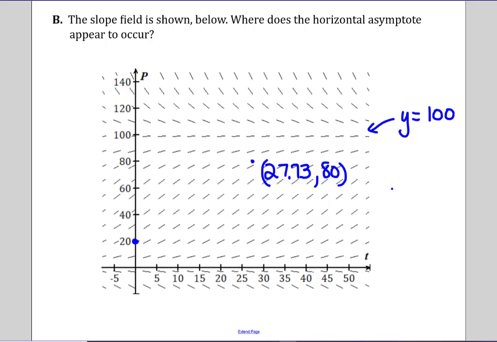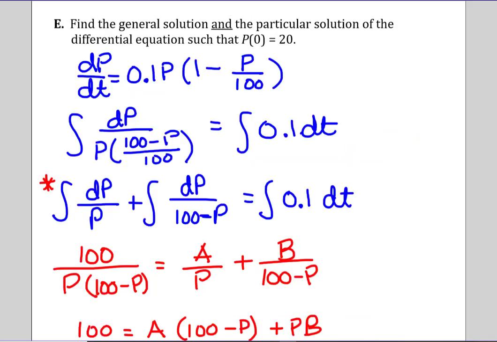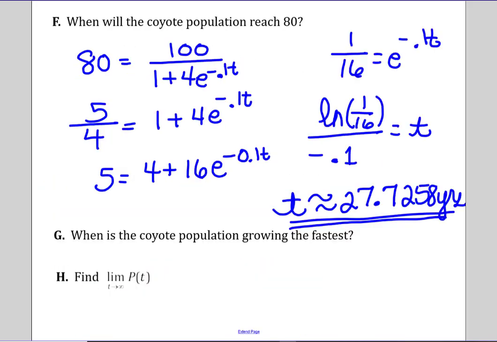And then on part G, when will the coyote population be growing the fastest? Well, we said that was half of the limiting capacity. So that would be when the population is L over 2. So that would be 100 divided by 2.